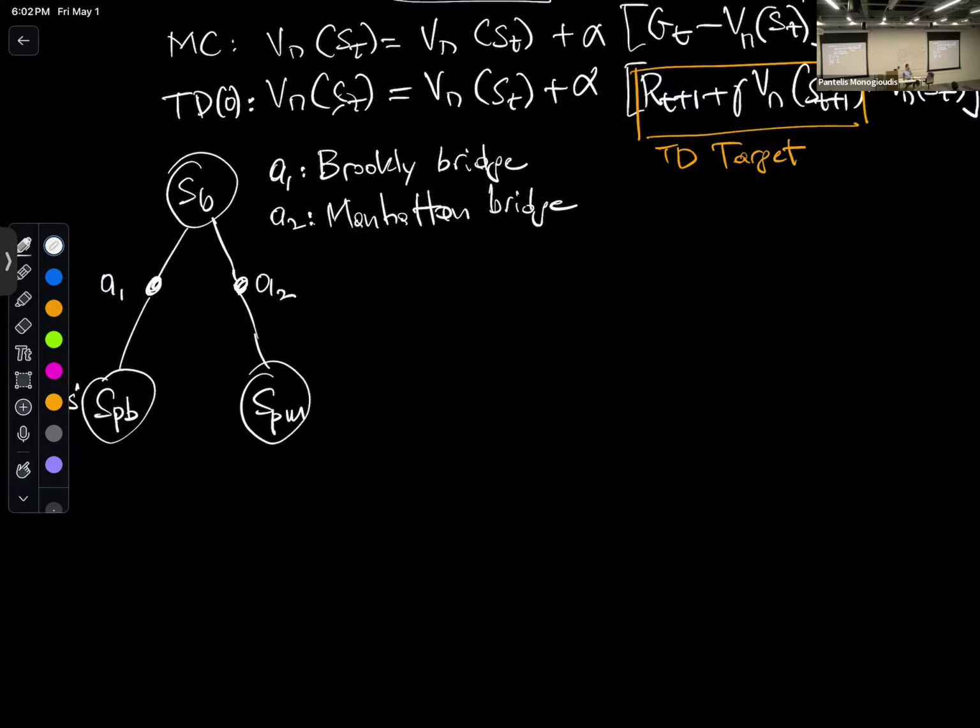So in a nutshell, this kind of algorithm will use what we call bootstrapping to update the value of being in Brooklyn.